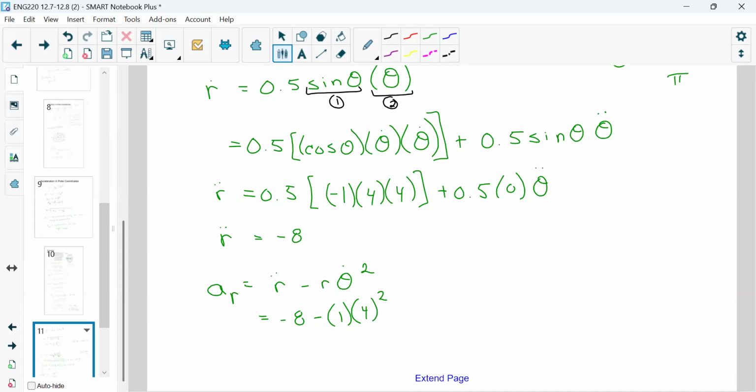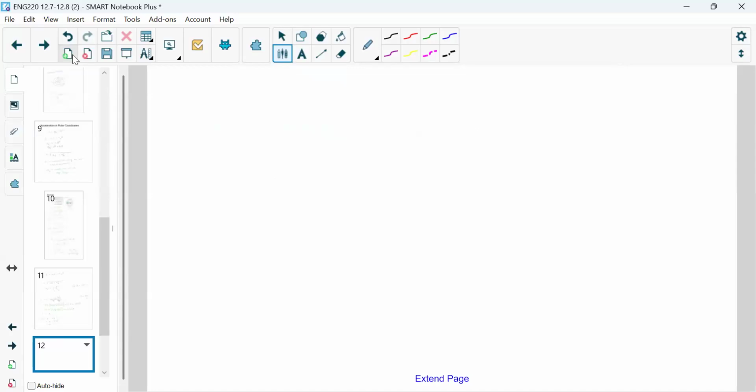All right, so that's gonna equal -24. So if we go back to the equation we were working with, total acceleration is the square root of a sub r squared plus a sub theta squared. We just found a sub r to be -24, and it's squared, so the negative will go away.